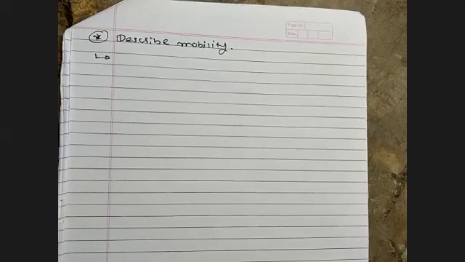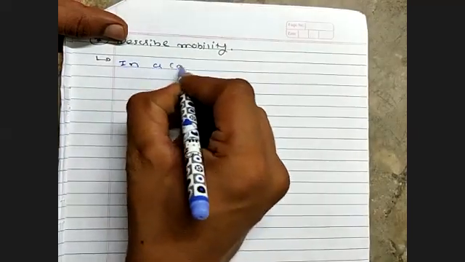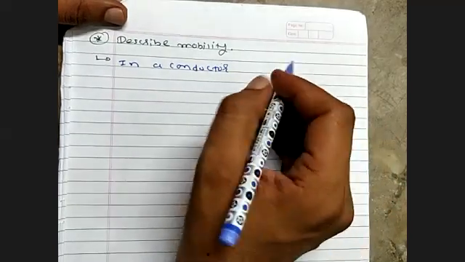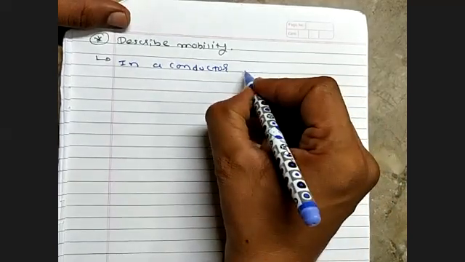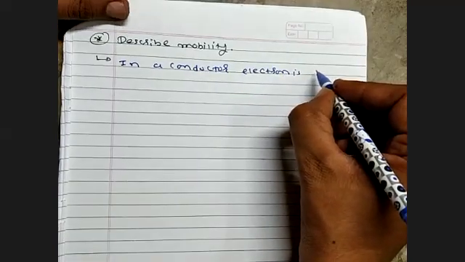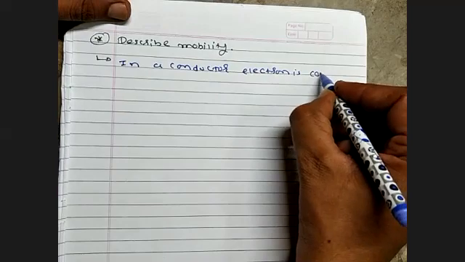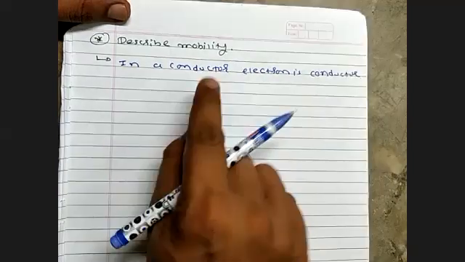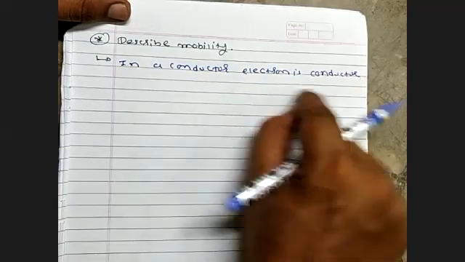For mobility, different objects have different mobile electricity. Means what? In a conductor, the electron is moving freely.